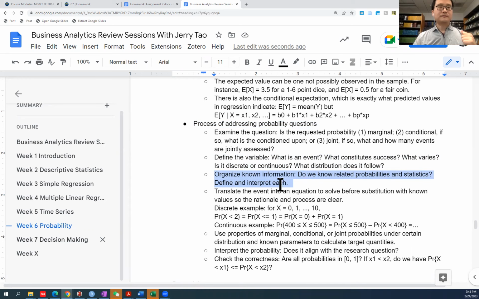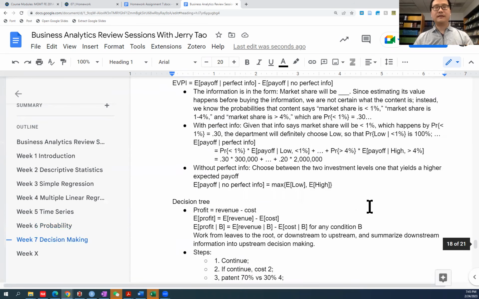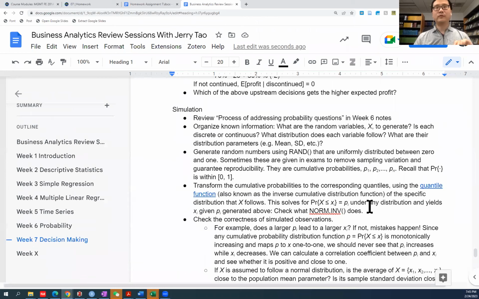It also carries on in our week 7 simulation case. First, we need to organize known information. Here in our case, we're given 2 random variables: first is cost, second is demand. And we know that each of them is continuous.